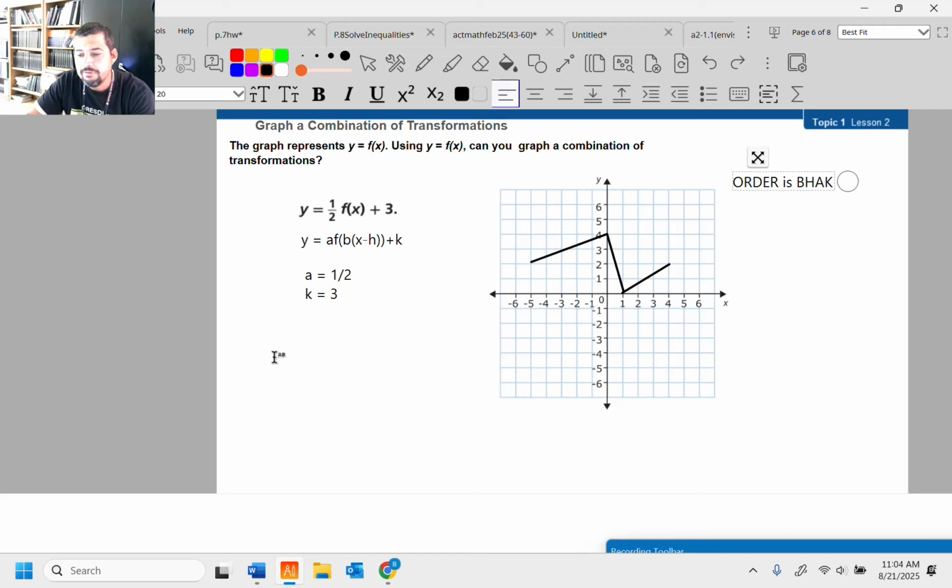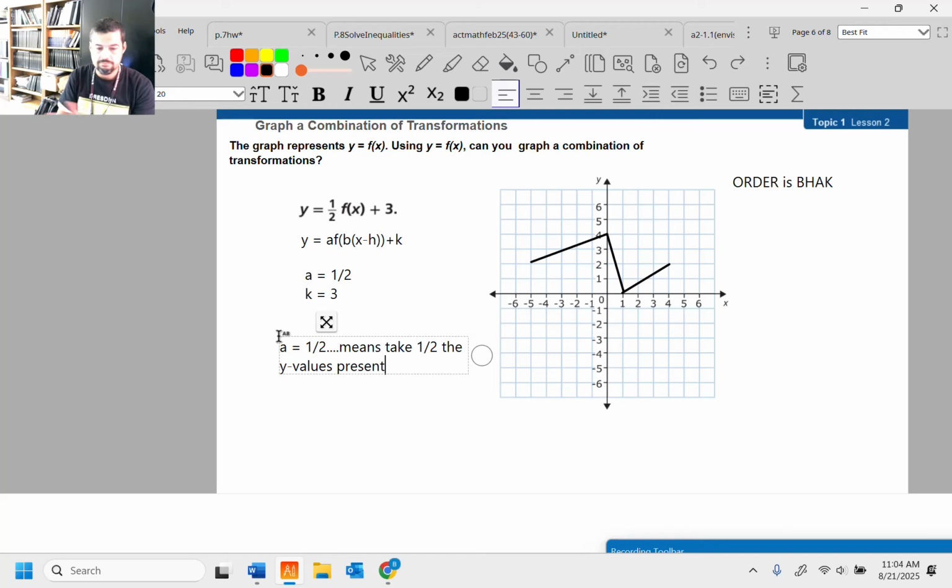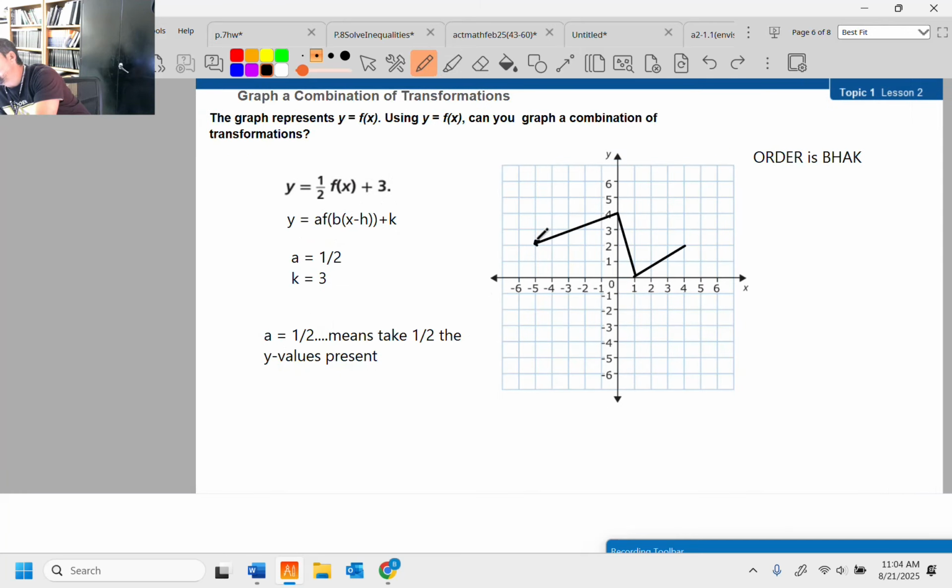So I'm going to have to do a first. Now, a is a half. What does that mean? That means we take half the y values present. This is why I said I've taught this using tables in the past. So let's plot a couple of these points that I might need. I've got negative 5, 2. I've got 0, 4. And I've got 4, 2. And I need to do this guy first.